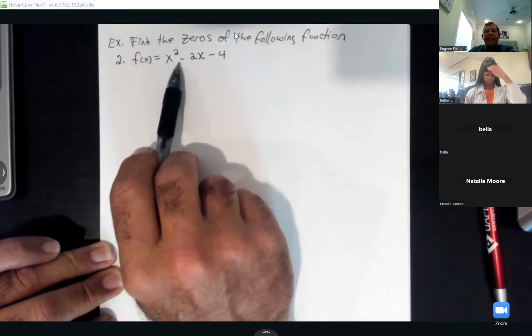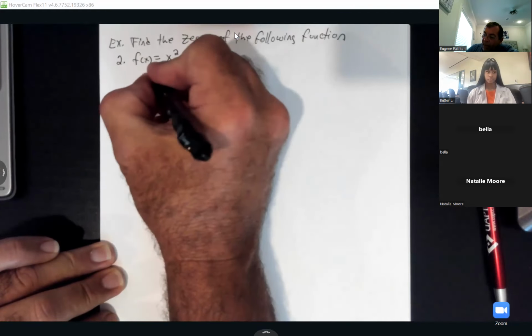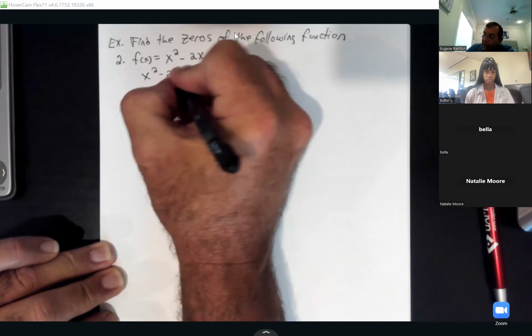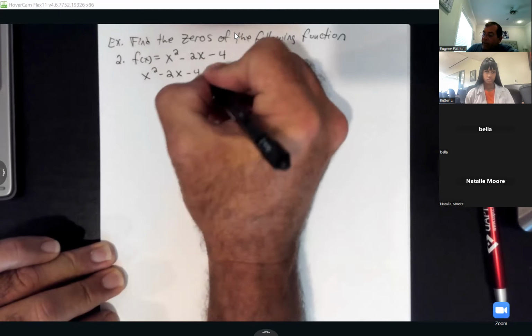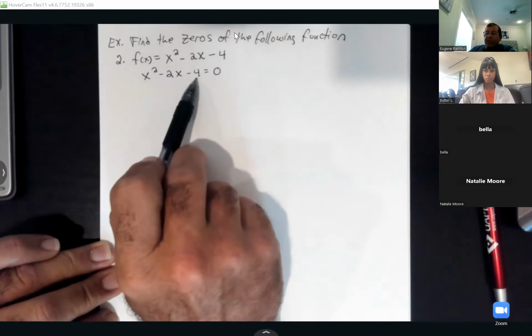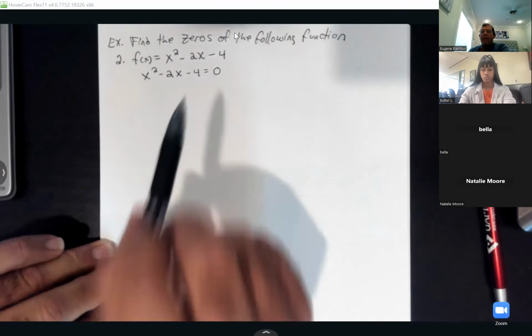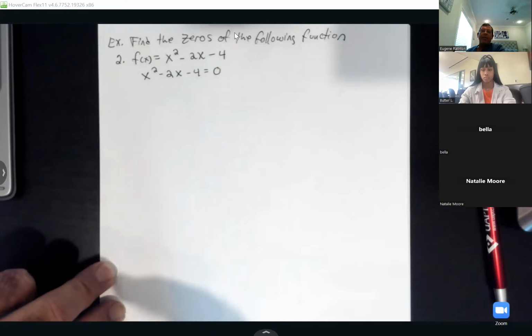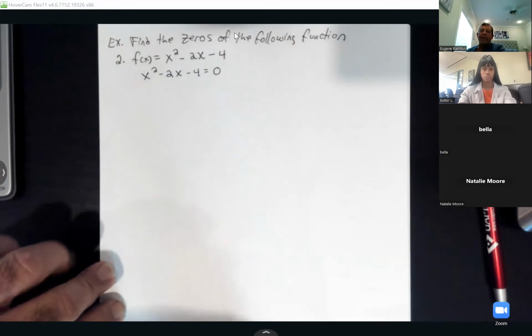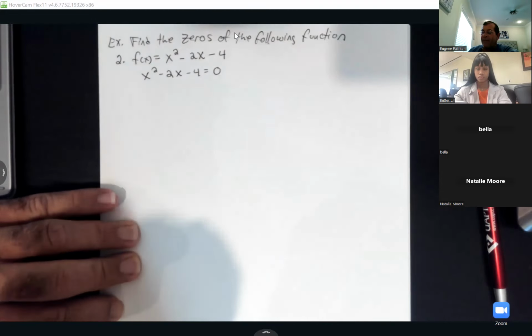The first thing is to set this equal to 0. Now, there's no way I got factors of 4 that'll subtract and get me that 2. 2 and 2 subtract to get 0. 4 and 1 subtract to get 3. So this does not factor, so we will use the quadratic formula.